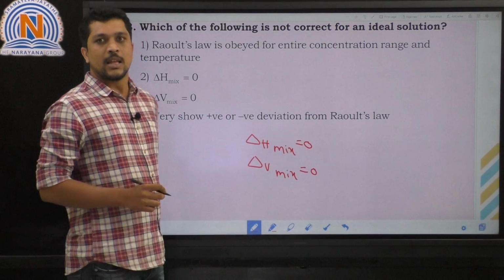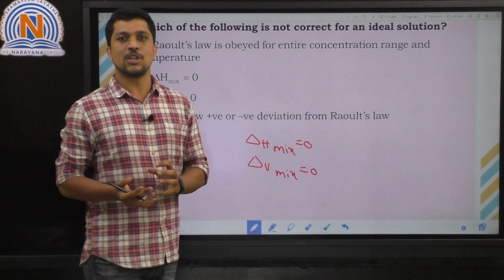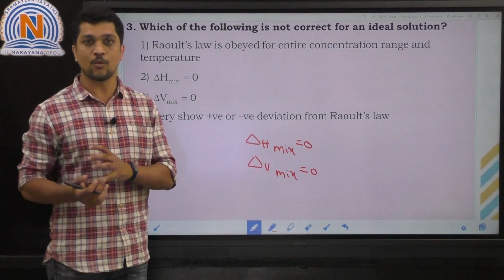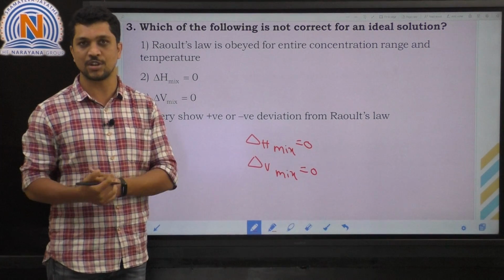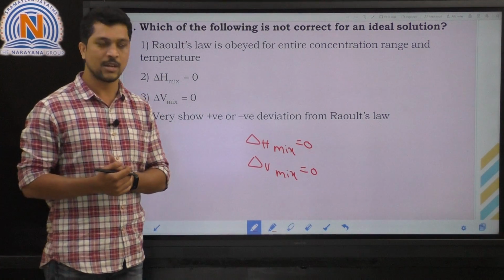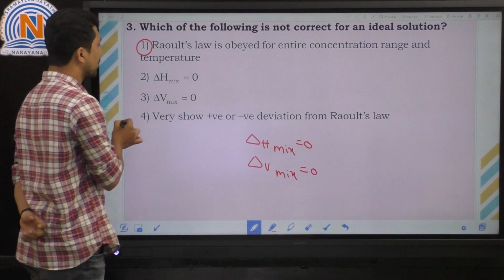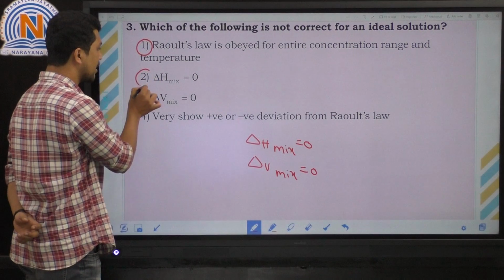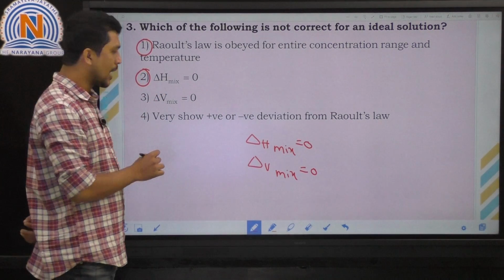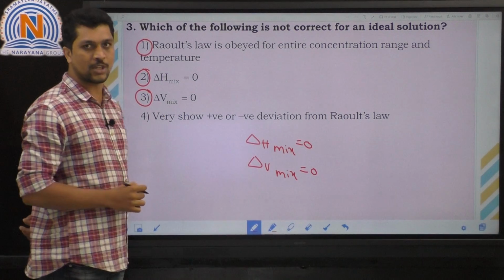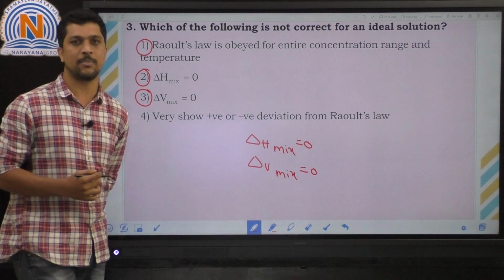And the ideal solution obeys Raoult's law at any range of concentration and any range of temperature. So the first option is also right, delta H mix equal to 0 is also correct, and the third option delta V mix equal to 0. So we can eliminate these three options.